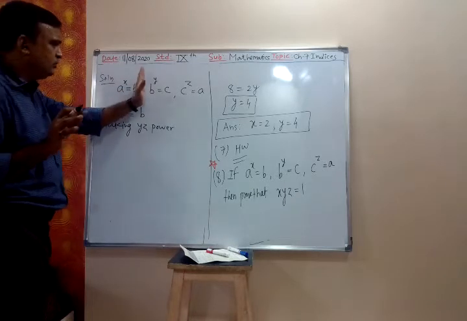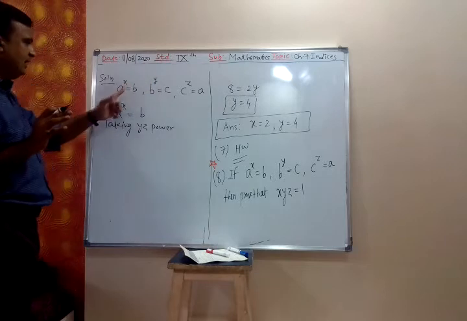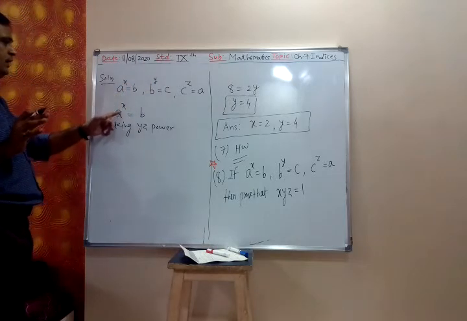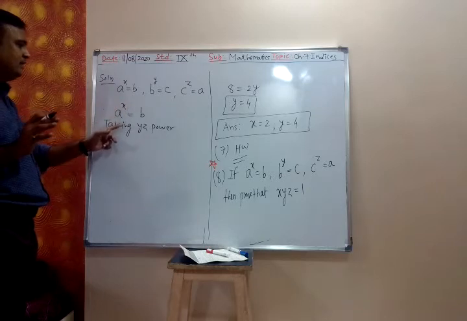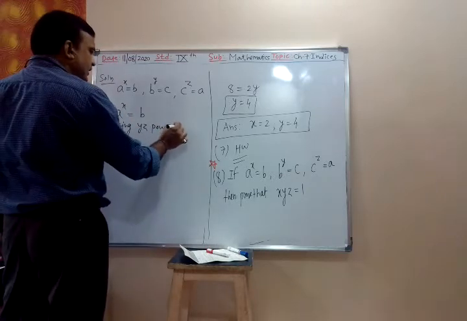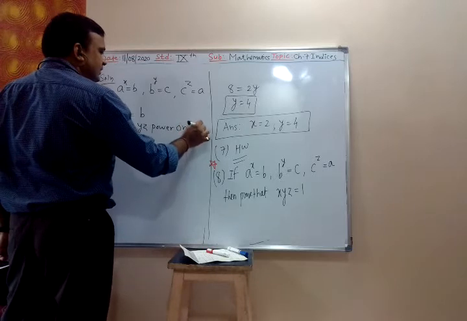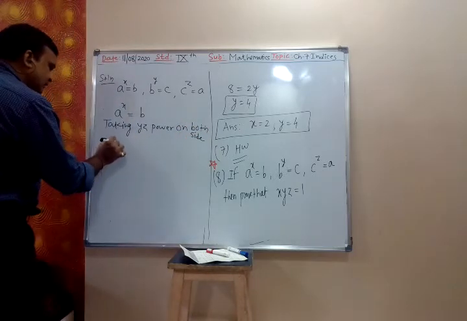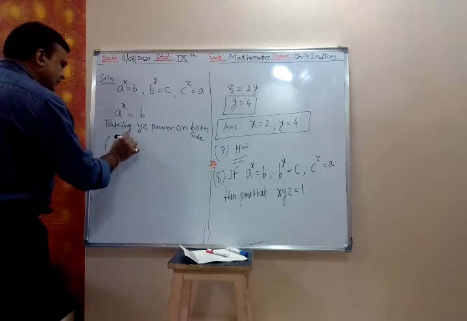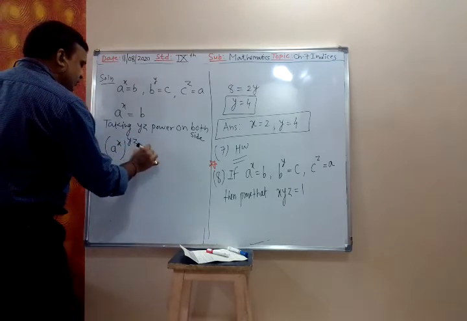I am not using the remaining two. I am using the first part, a raised to x is b. To make the power xyz, I will take yz power on both sides. So you will get a raised to x raised to yz is equal to b raised to yz.